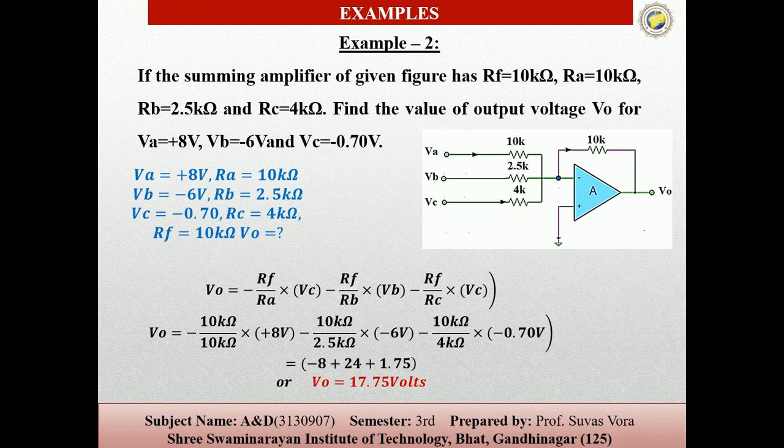So V0 is equal to minus RF upon RA into VA minus RF upon RB into VB minus RF upon RC into VC.